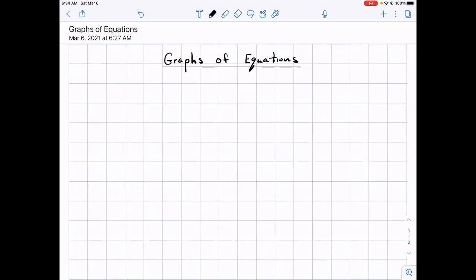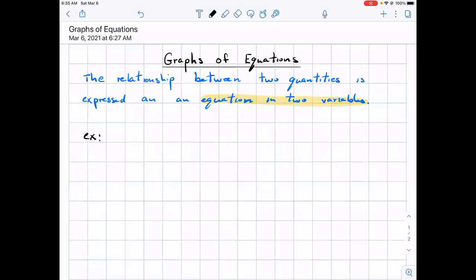So, for example, if we have the equation y equals 7 minus 3x, this is an equation in x and y.